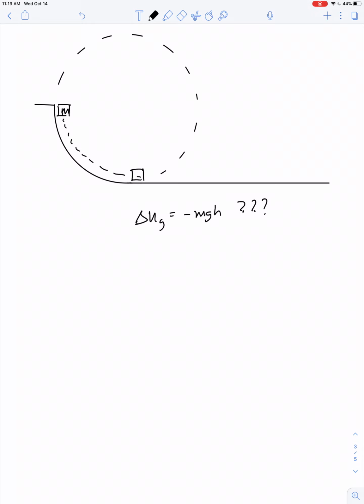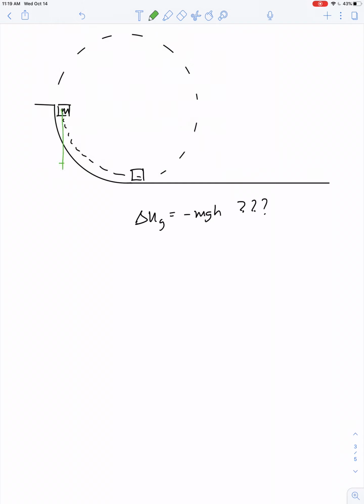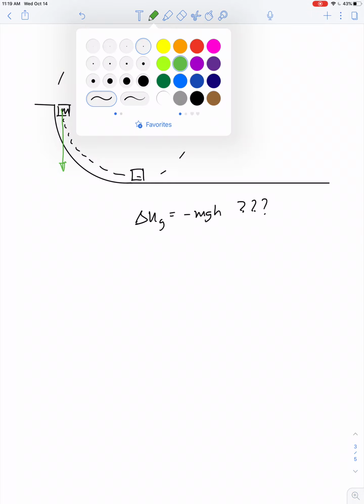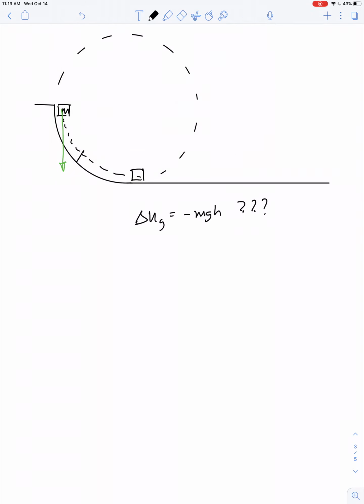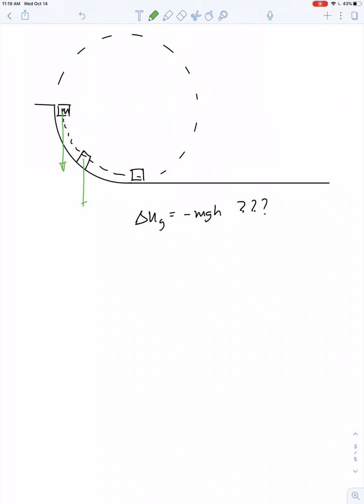A block of mass m has a force of gravity pulling straight down. Now, when our block gets to this position right here, the force of gravity still pulls straight down. Same as when it gets to the flat surface. The force of gravity always pulls straight down.